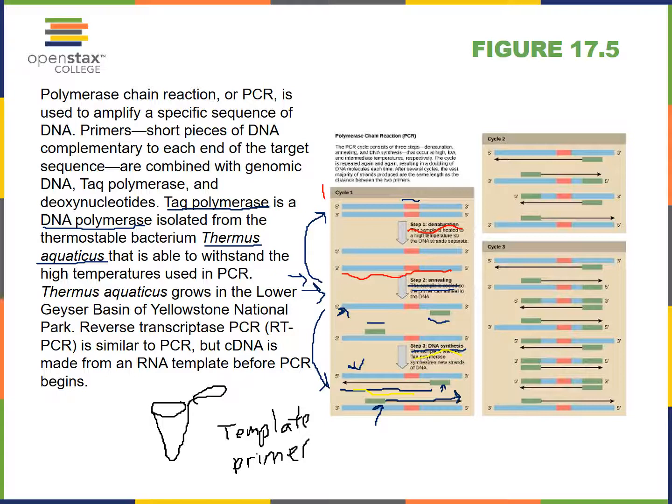And that could be 2,000 base pairs, it could be 5,000 base pairs, it could be smaller, it could be 200 base pairs. But your primer determines what part of the DNA template you are amplifying, that you're copying.